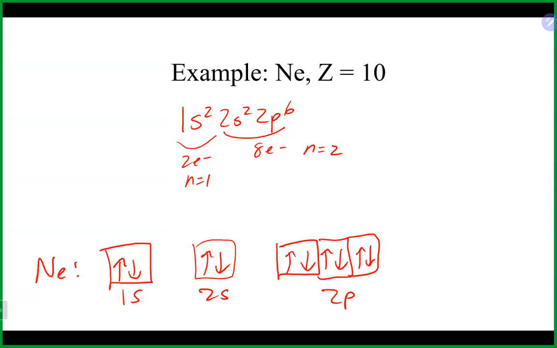And we can see now that we have completely filled up our 2p subshell, which means if we needed to fill more in, we would then go off to the next one, which would be 3s at that point to put electrons in.